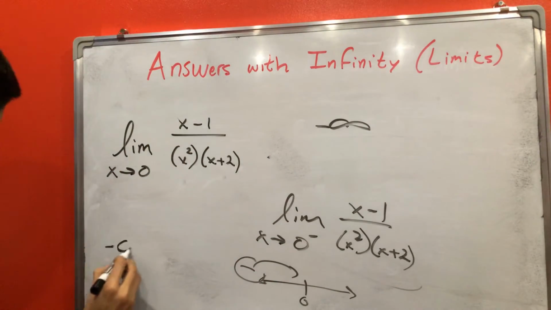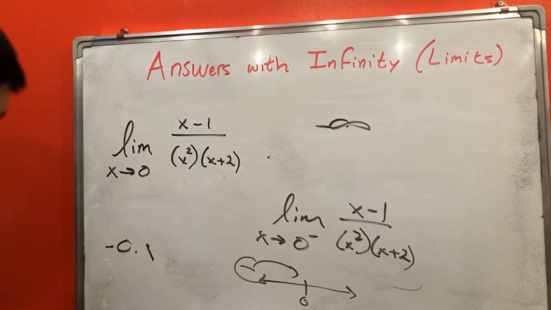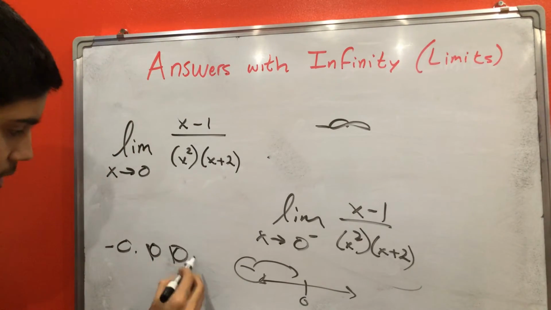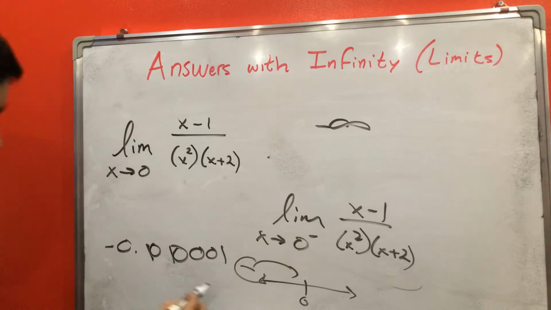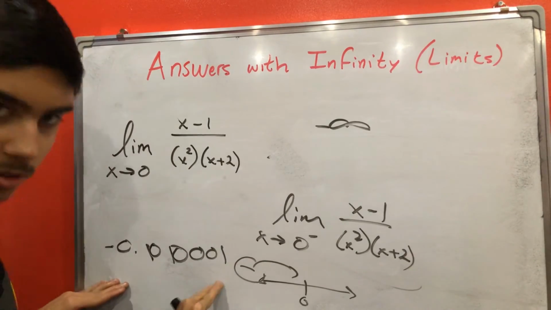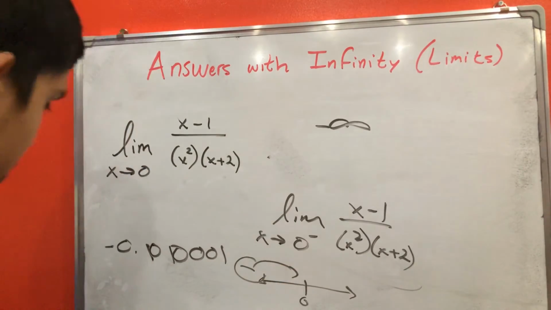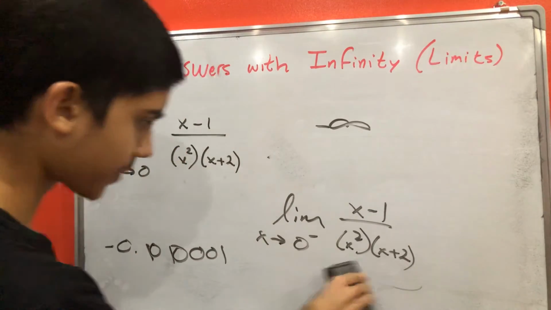So how would that look? That would be like -0.1. That's less than 0, and it's getting very close to 0. Then we have -0.01, -0.0001. So it keeps on getting very, very close to 0, but it's always negative, always less than 0. What happens if we plug in that kind of number into there?